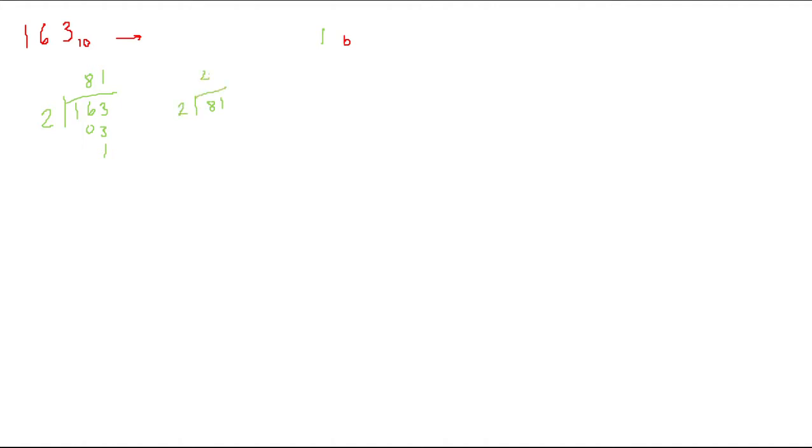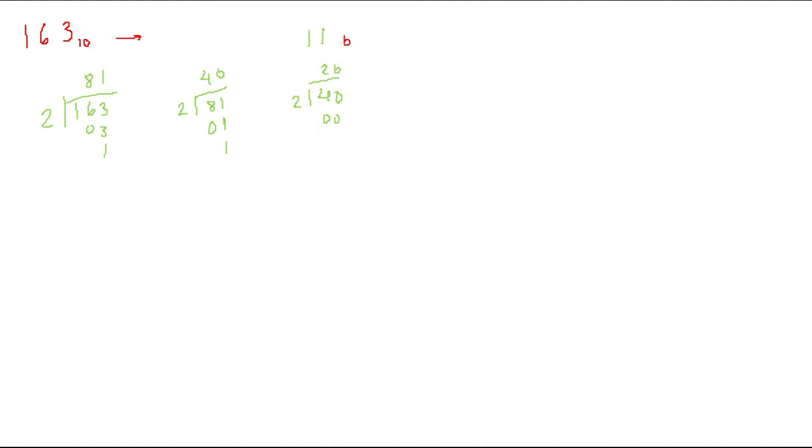That is a 40, remainder 1, and I write a 1 over here. And you come here, then you have a 40 over 2. And that is a 20, remainder 0.